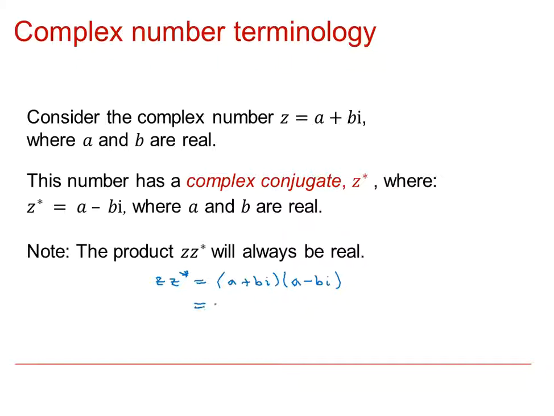So expand the brackets, there's an a squared, there's a plus abi, there's a minus abi, and there's a minus b squared i squared. Notice abi minus abi cancels out, and we're left with a squared. We know that i squared is minus 1, so minus b squared times i squared must be plus b squared. So z z star will give you a real number.